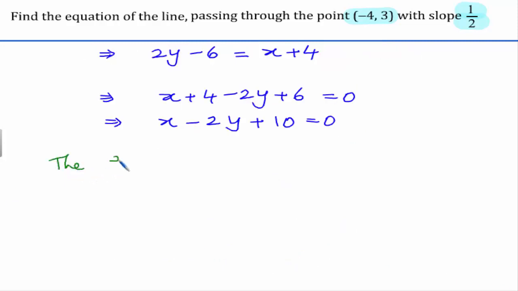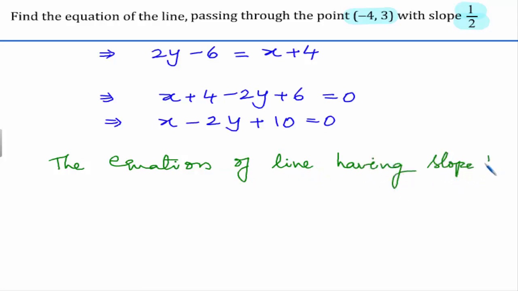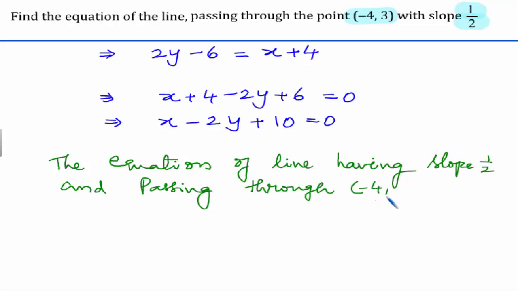So the equation of line having slope 1/2 and passing through -4, 3 is x minus 2y plus 10 is equal to 0.